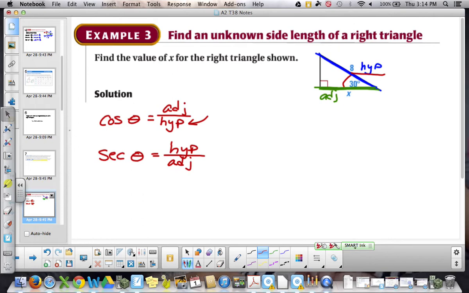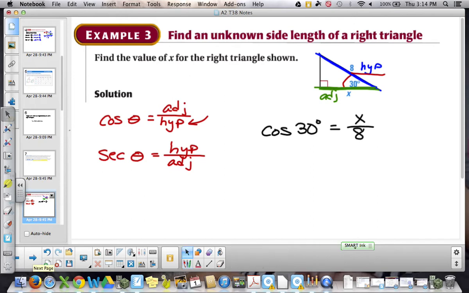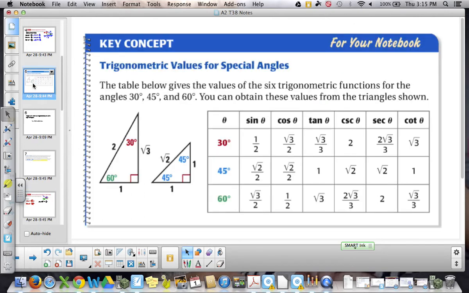So we'll use cosine. If I set up my equation, it'll be cosine of 30 degrees equal to the adjacent, which is x, divided by the hypotenuse, which is 8. Now, the cosine of 30 degrees, we know from our table back here, is the square root of 3 over 2.